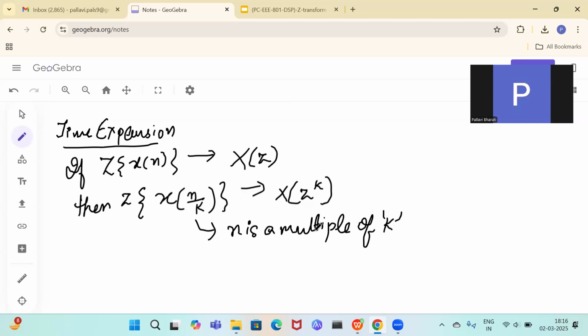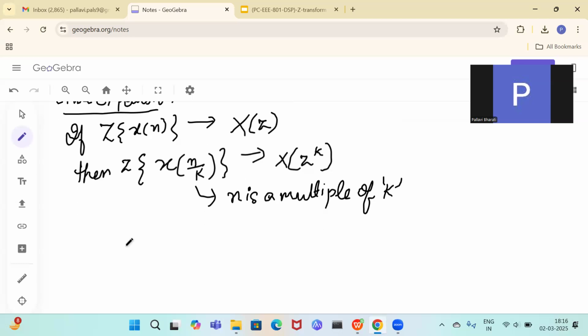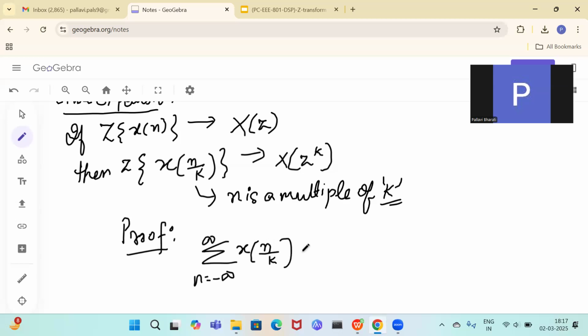If it is not a multiple of k, then the value is 0. So we will be discussing only the multiples of k when taking the Z transform. Let us first do the proof. My signal right now is x of n by k into z to the power minus n.